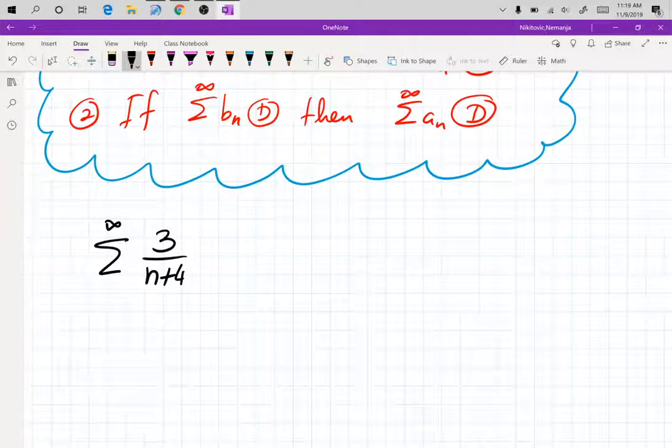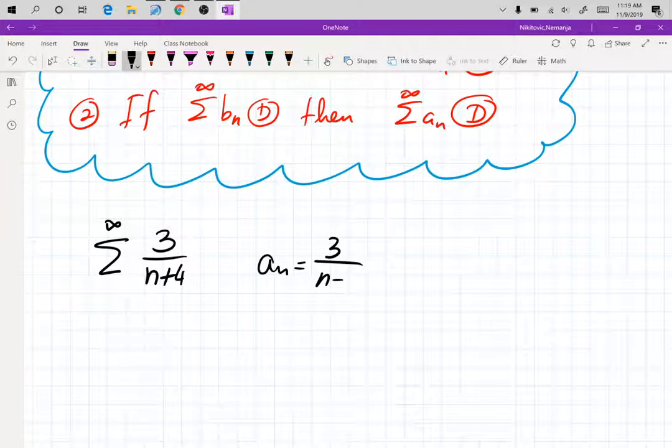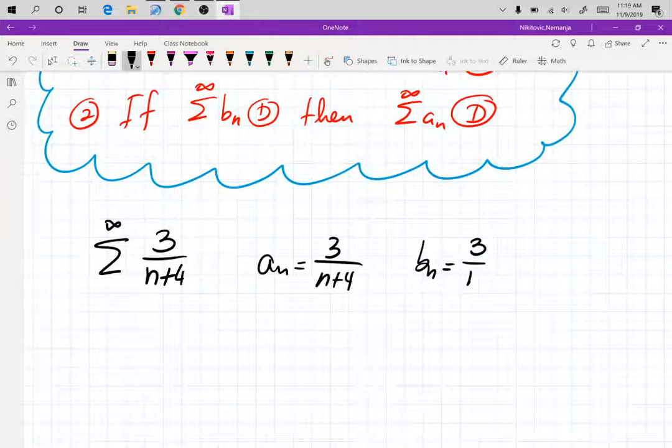But for the limit, you should always be able to take the limit. This test is inconclusive if the limit is infinity and there is divergence. All right, so my an is 3 over n plus 4, and my bn is just 3 over n.